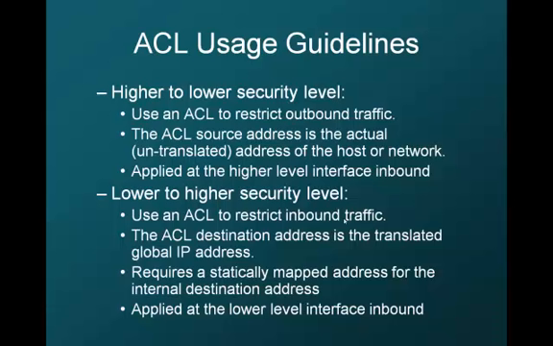We will need a statically mapped address for internal destination addresses. Dynamic addresses would cause problems. It's going to require static. And we're going to apply it at the lower interface, and in our case usually called outbound or outside. We're going to apply it at the outside interface in an inbound direction.